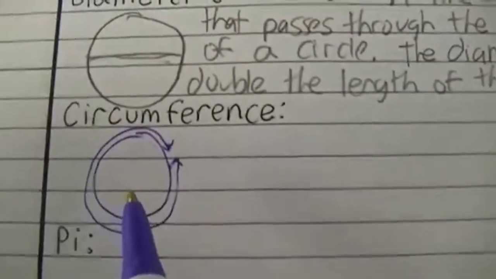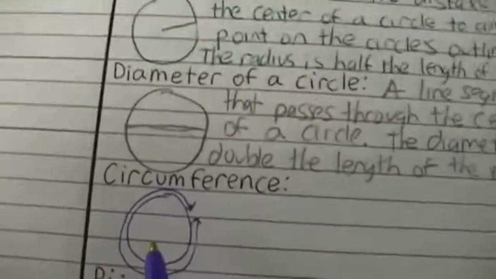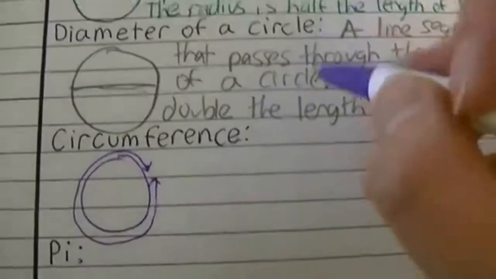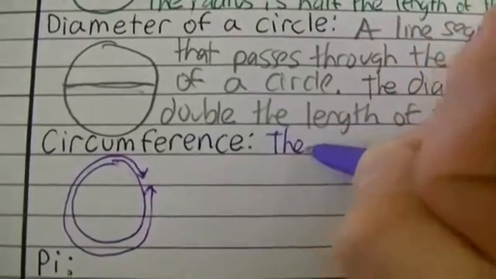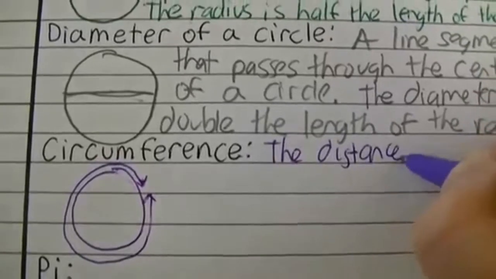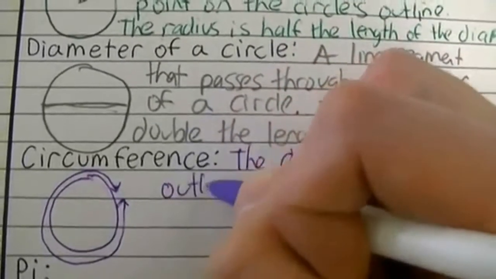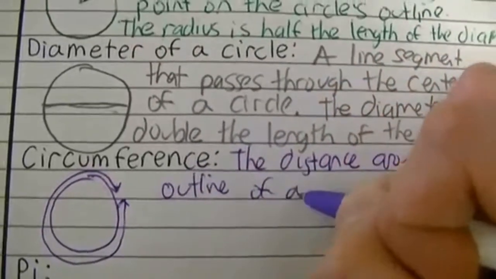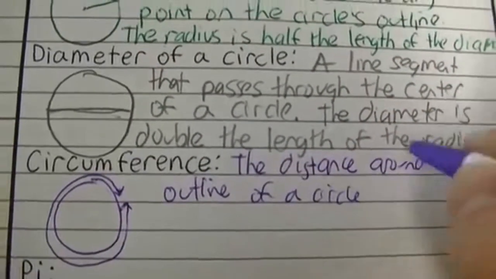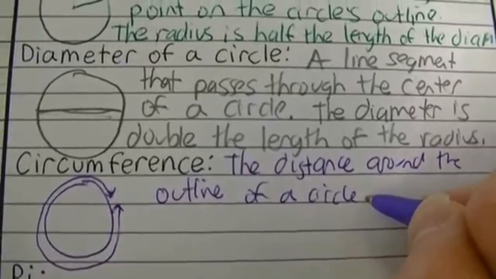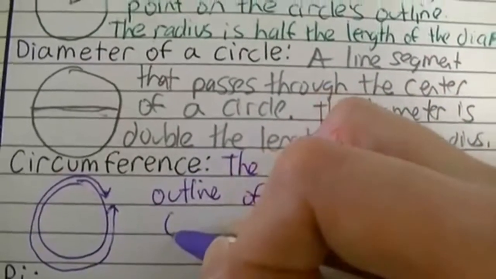So luckily you don't have to rely on my artwork, because I'm going to write the definition right here. It's the distance around the outline of a circle. Okay. And really, it's the circle's perimeter.